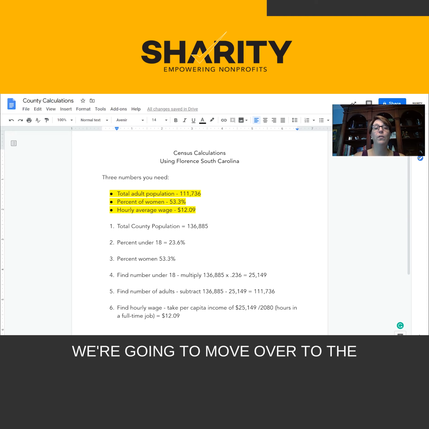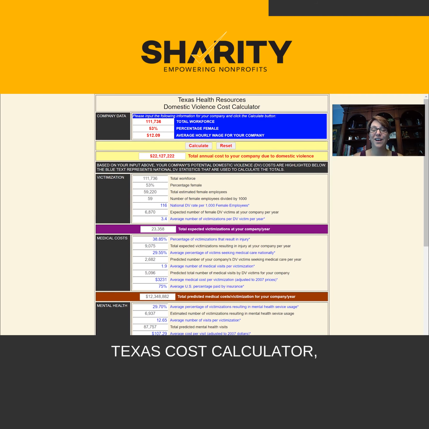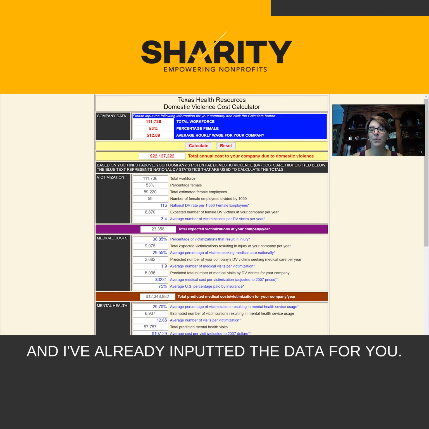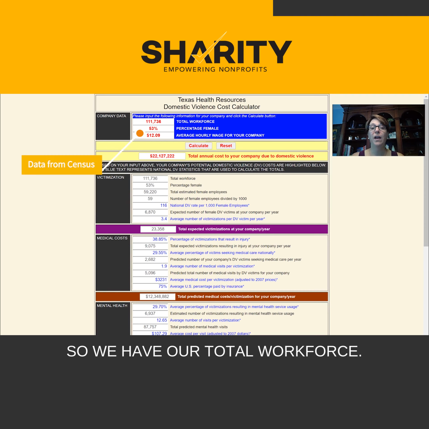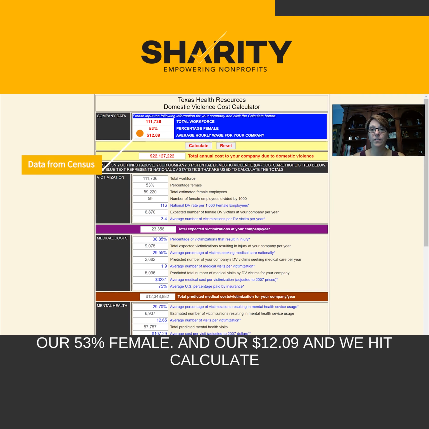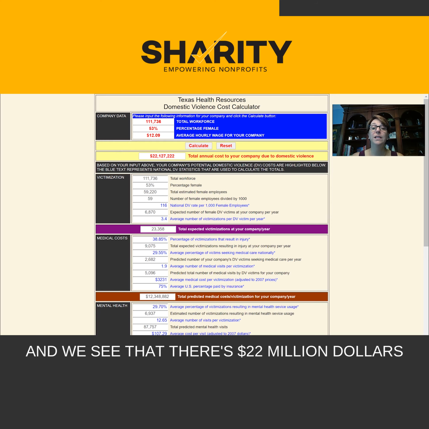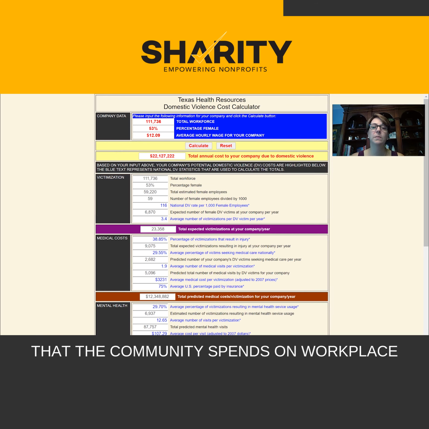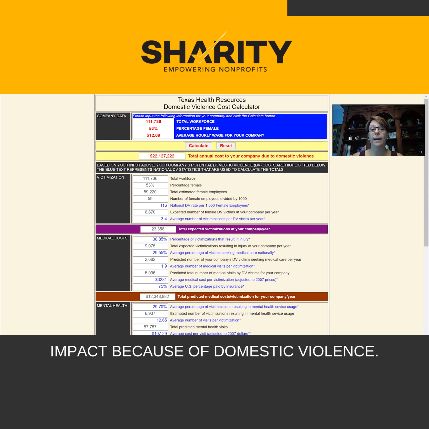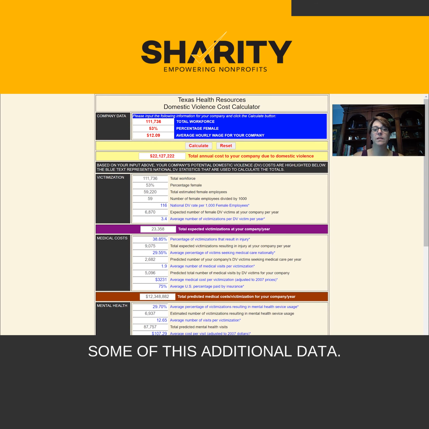We're going to move over to the Texas Cost Calculator, and I've already inputted the data for you. So we have our total workforce, our 53% female, and our $12.09. We hit calculate, and we see that there's $22 million that the community spends on workplace impact because of domestic violence.